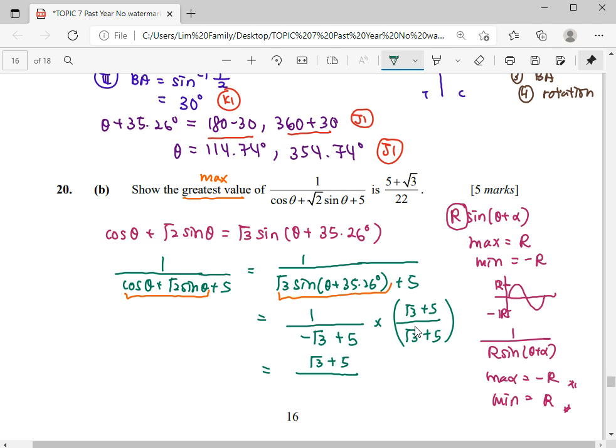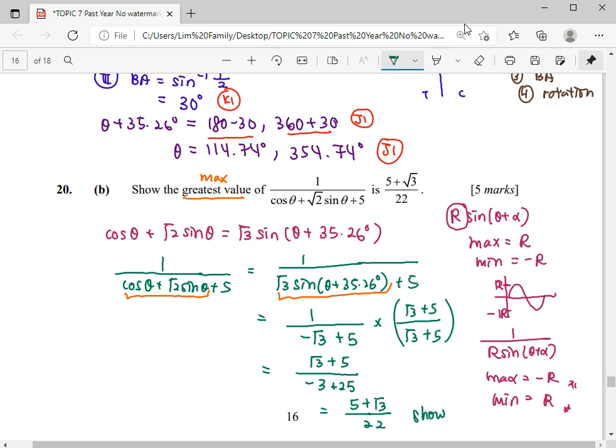At the bottom here, we get negative square root 3 times square root 3, negative 3, plus 25. So finally, we can see the denominator part is 22. And I write it as the question, 5 plus square root 3 over 22.